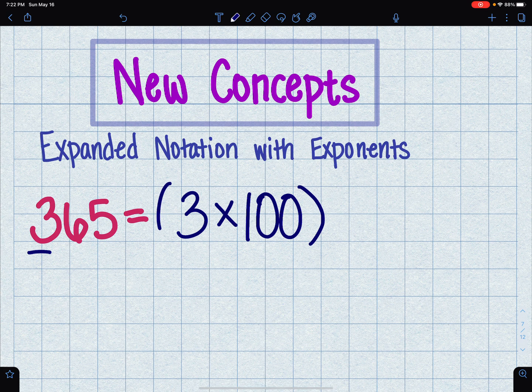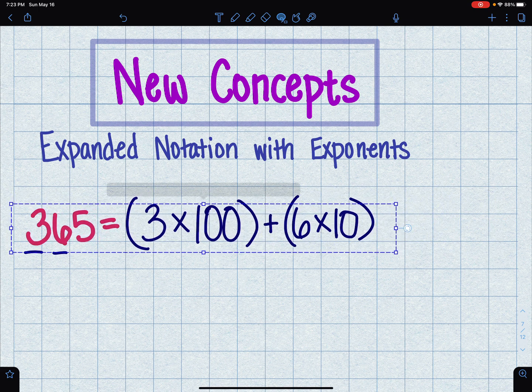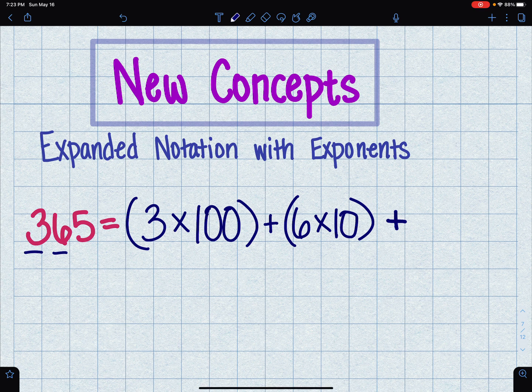We're going to put that in parentheses, then add to it this 6 times 10, and then we're going to add this 5, which is just 5 times 1. Cool, that's how we do expanded notation.